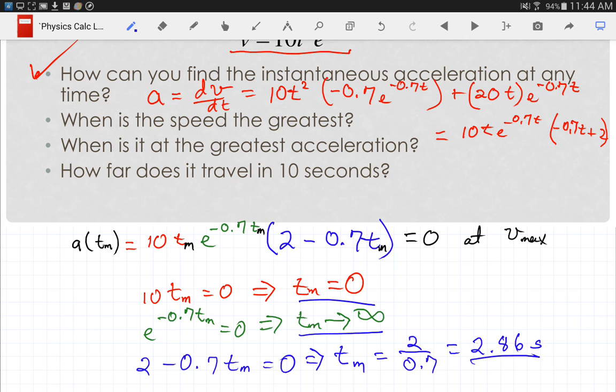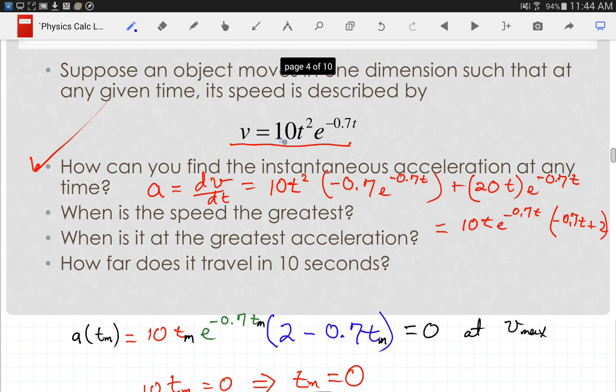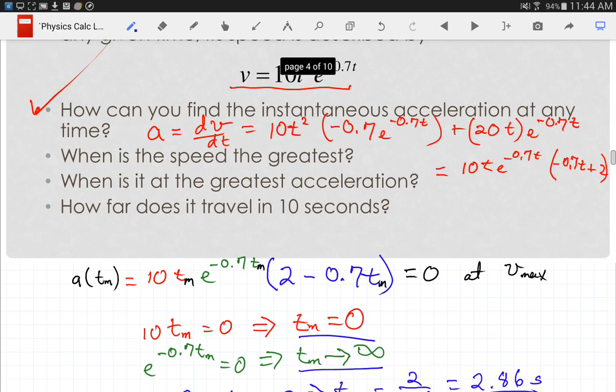So the value for velocity or speed at time equals 0 is going to be 10 times 0 times e to the 0, which is 1. So that's clearly 0. So speed is 0 at time equals 0. Question? Yeah, if you had said that, I would have gone to the graph first.